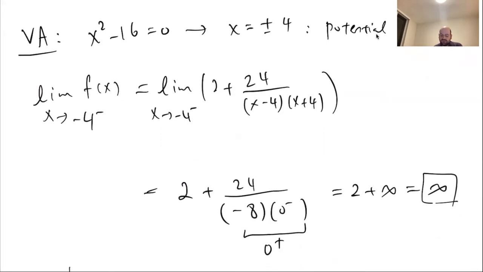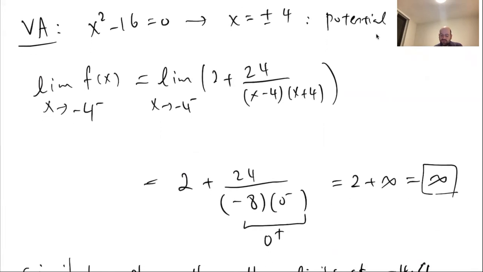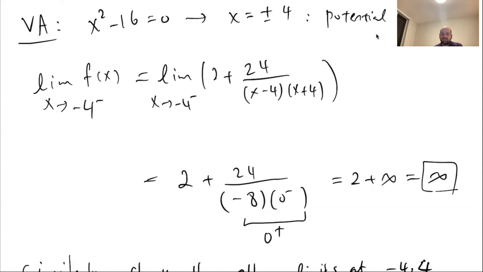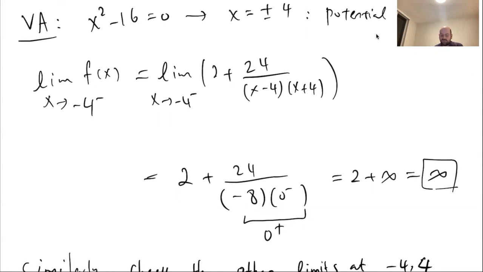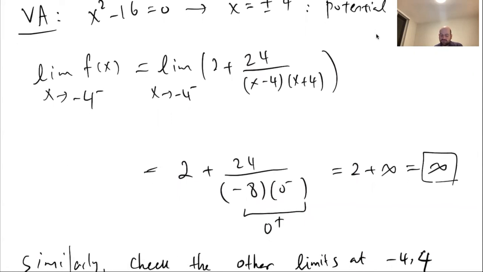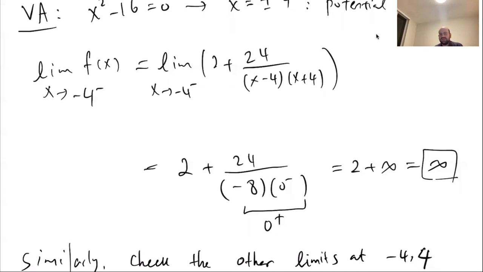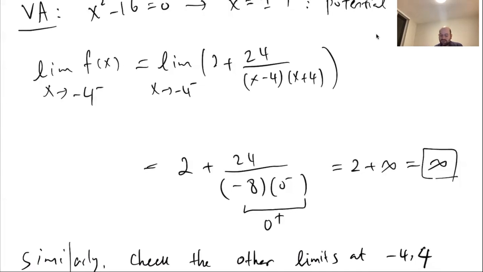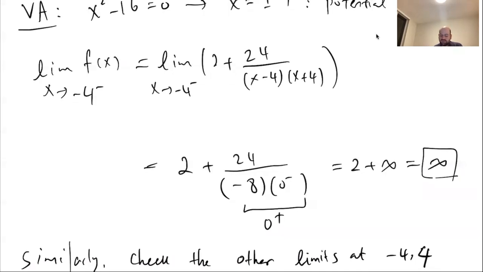Now, if we replace x with -4 minus, which means left limit from -4, so x is basically a little bit less than -4 here, then we get 2 plus 24 over -4 minus 4, which is -8, times -4 minus plus 4, which means a number a little bit less than -4 plus 4. We'll get a number a little bit less than 0, which can be denoted by 0 minus.